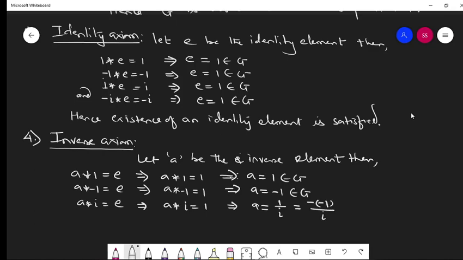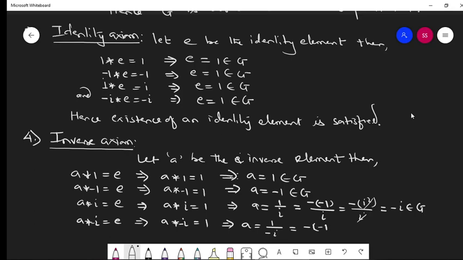Minus 1 by I, and minus 1 is I square by I. This cancels, we obtain minus I, which also belongs to Z. And finally A asterisk minus I equals E, that implies A asterisk minus I equals 1, so A equals 1 by minus I, that is minus 1 by I, and minus 1 is I square, so this cancels and we obtain I, which belongs to G.